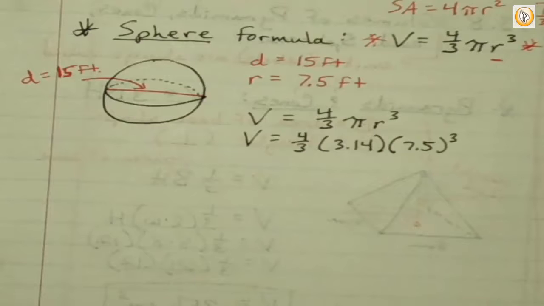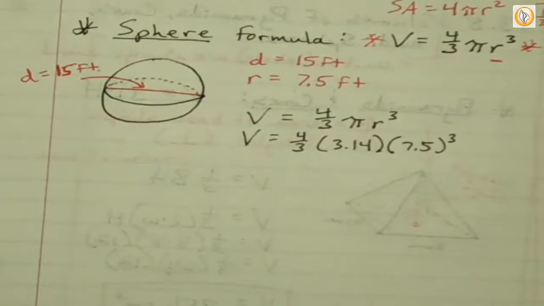Okay, so some of you that do not have the graphing calculators may be using a plain calculator from the classroom, which is absolutely okay, or you could be using the graphing calculator. Does everyone know how to do the exponent?